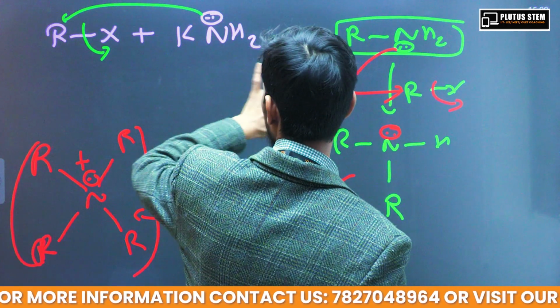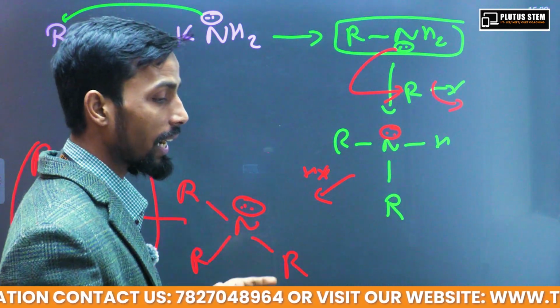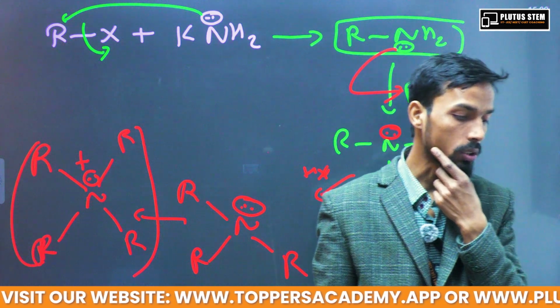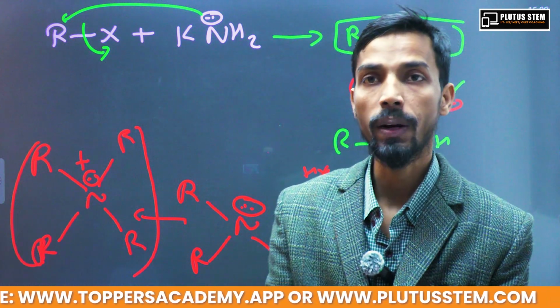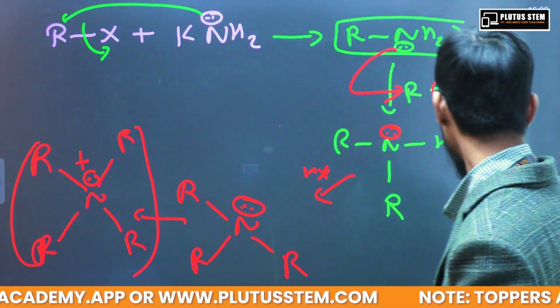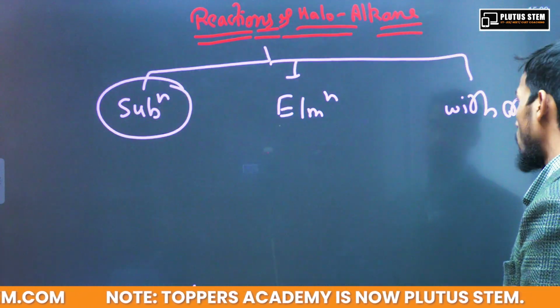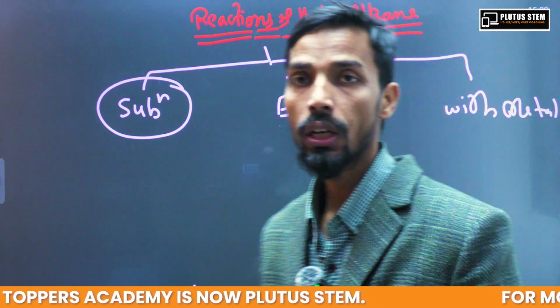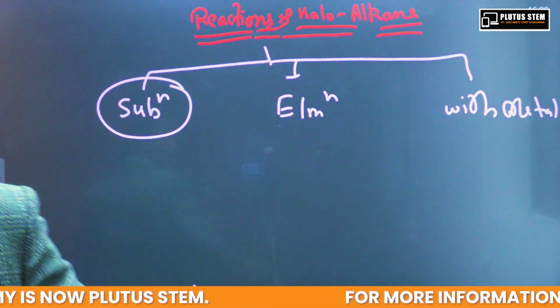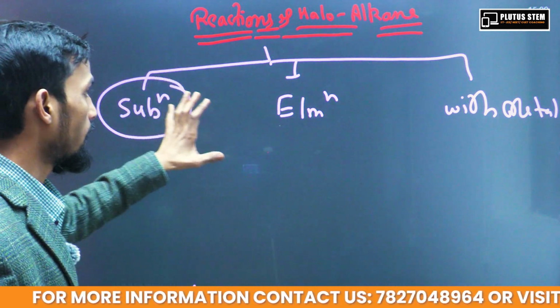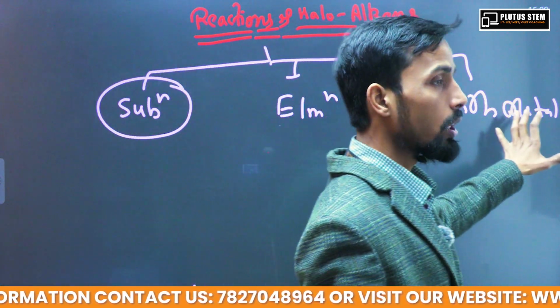So over here we have seen that RX when reacted with NaNH2, sodium amide, gives the Hofmann type of reaction. If we quickly summarize what we have discussed in today's class, we have discussed in quite detail the reactions of the haloalkane: substitution, elimination, and the reaction with metal.